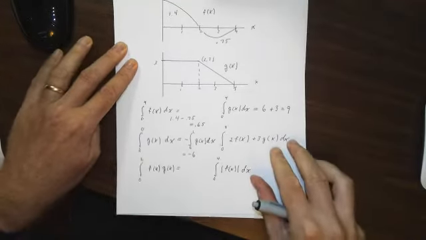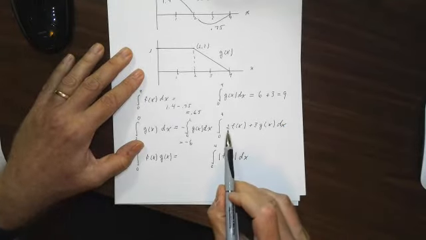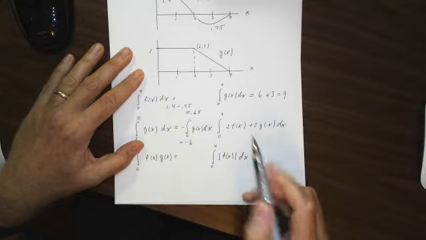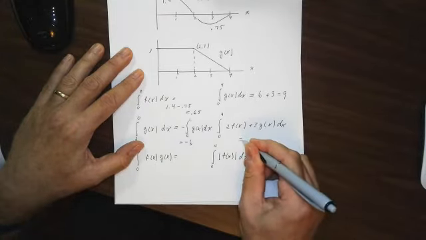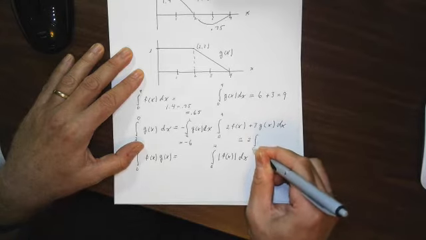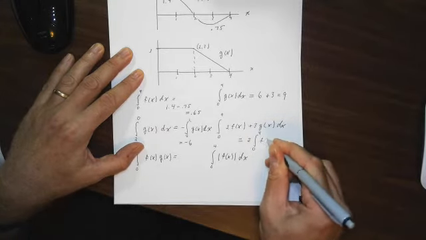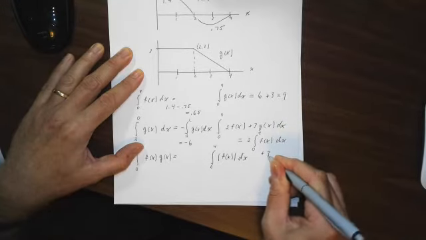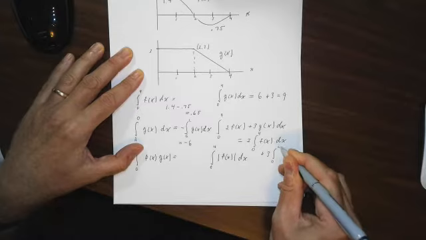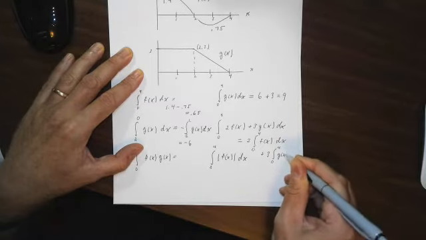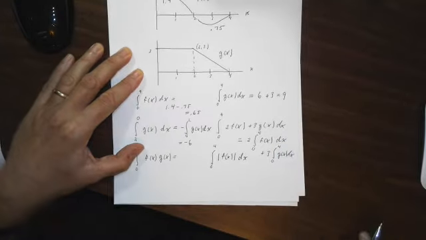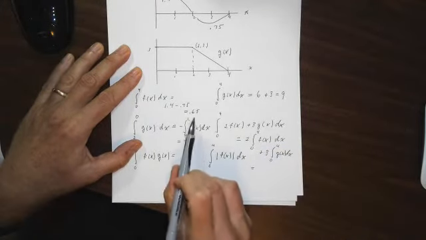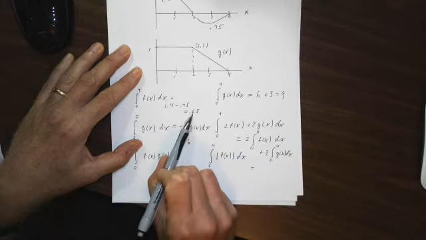So if we go back here and look at this example, we have 2 times f of x plus 3 times g of x. We are integrating that from 0 to 4. So if we use linearity, this is just 2 times the integral from 0 to 4 of f of x dx plus 3 times the integral from 0 to 4 of g of x dx. Okay? And the integral from 0 to 4 of f of x, which we computed above, was 0.65.